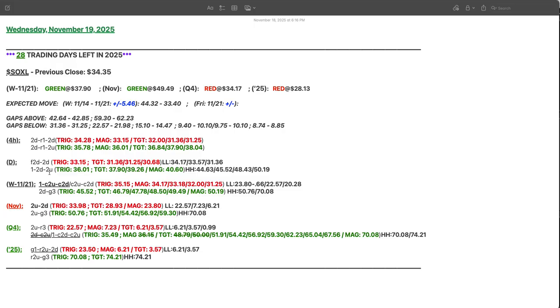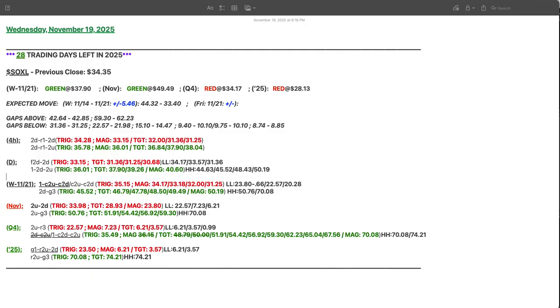So 1, 2 down, 2 up on the day, triggers at 36.01. It has a magnitude of 40.60, and we're in the face of that downtrend, so we've got some intermediate targets on the way up. 37.90 and 39.26 are possible reversal points for lower highs if we're pushing to the upside in the first to middle part of the day on Wednesday.